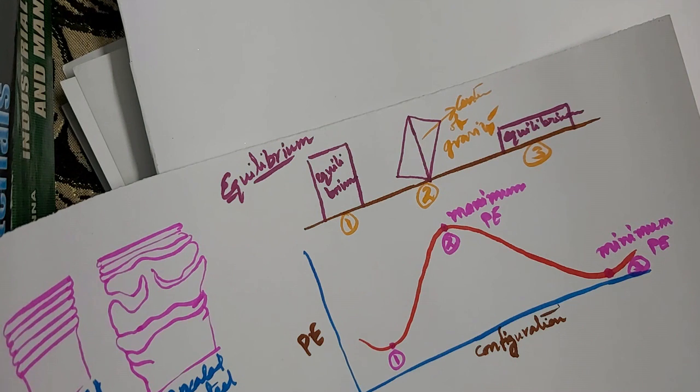What is infinitesimally small? Infinitesimally small means limit del x tends to 0. So if an infinitesimally small perturbation does not change the energy or the state of a rectangular block, then we will call it in equilibrium.